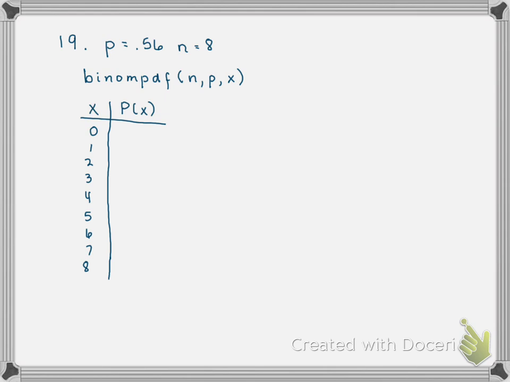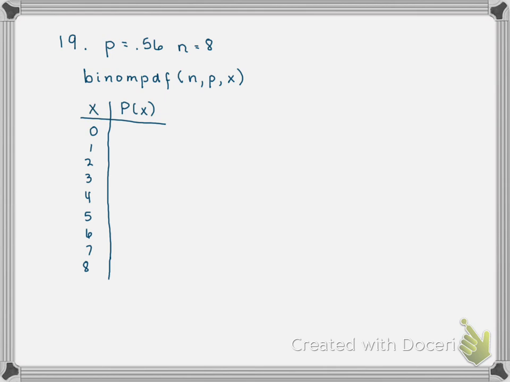The first thing that goes in is our 8, which is our n value, 8, comma, then the p, which is 0.56, comma, and then the first value that we are going to test is 0. So 0 and then enter. Because what we're going to need to do is find all of these values from x equals 0 to 8 in order to answer the question. So we're just going to make the whole table for all of the n values.